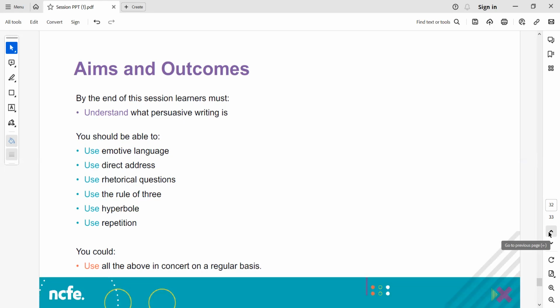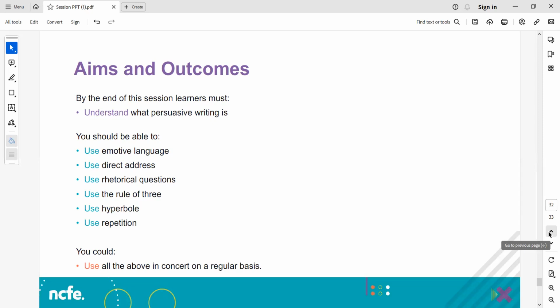Okay, and the other thing is just to read lots of different types of writing and look for these techniques that have been used. So if you read a news article today, or if you go and search out some advertising or leaflets that you might get through your door, have a look, how have they used emotive language, direct address, and all those other skills?